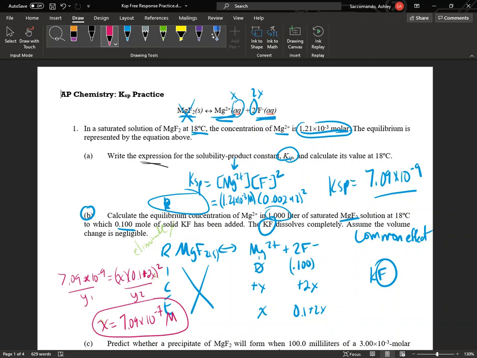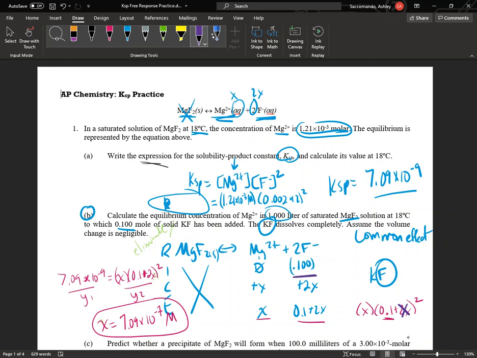Yes, that's a good question. I like that question. So you're asking out of these two factors, which one do we remove? Because we're multiplying this times this squared. This is such a big number in comparison to anything that X is going to be. This 0.1 is way larger. So where you eliminate X from is always the one that has the common ion.